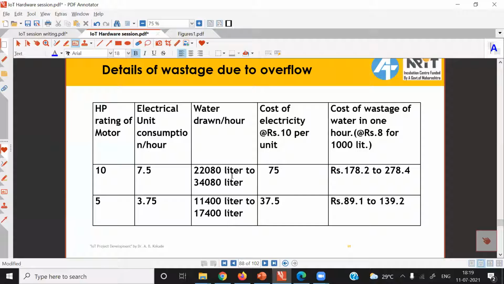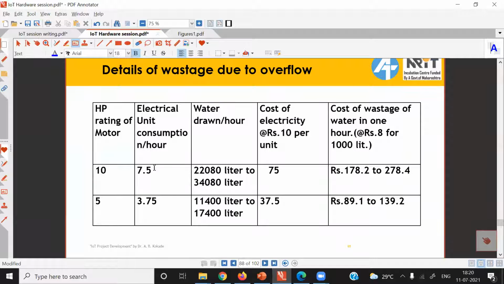That depends upon the distance between the motor and the overhead water tank. So if there is overflow for 1 hour for a 10 HP motor, then there is wastage of around 22,000 liters of water. And at the same time, there is wastage of electricity. A 10 HP motor consumes around 10 units.